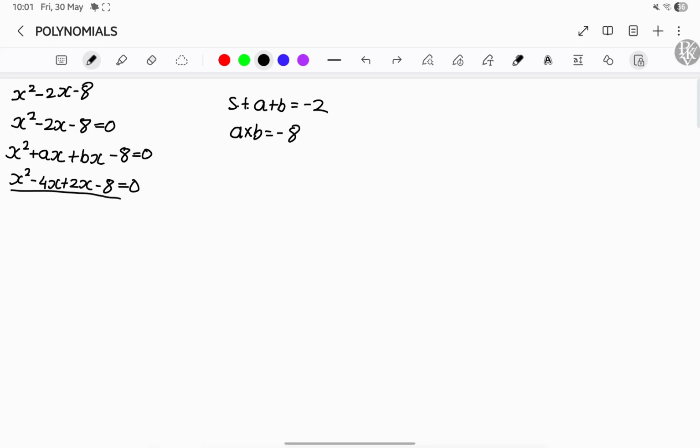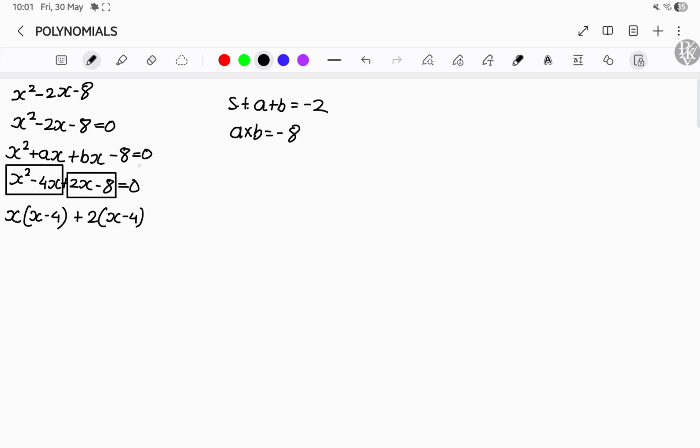So now what you do here is take this as one box, take this as another box. Here x is common, you can take that outside and you'll get x minus 4. Now if you check here, you can take 2 in common and you'll get x minus 4.